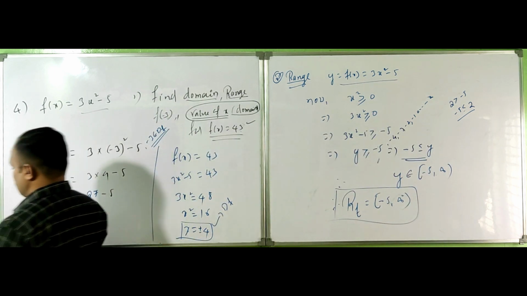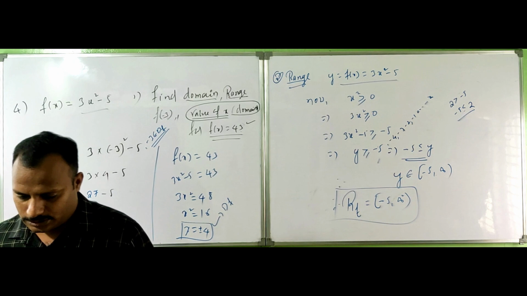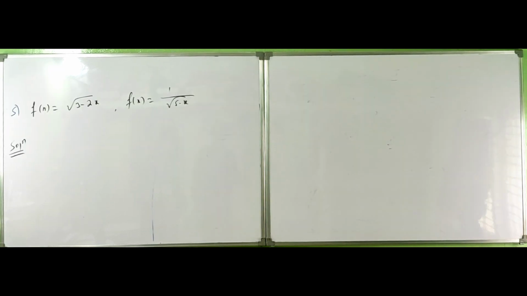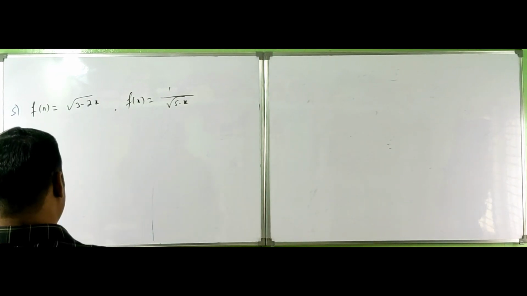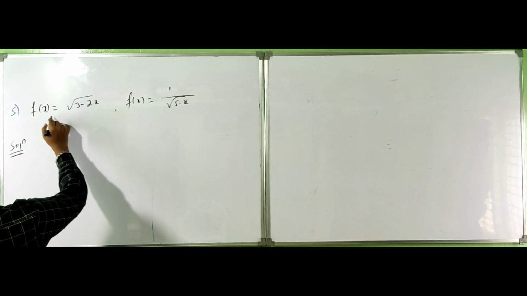Next question is f of x is equal to 3 minus 2x.